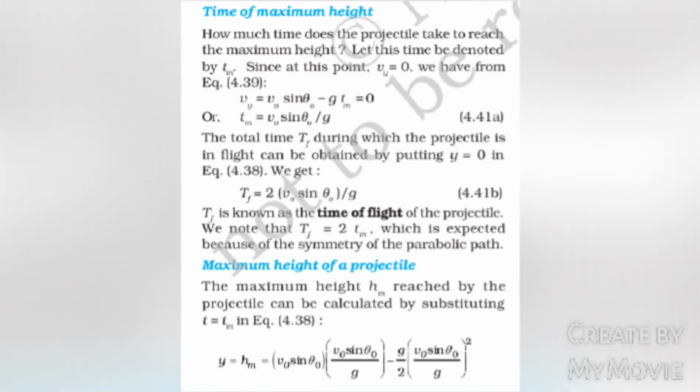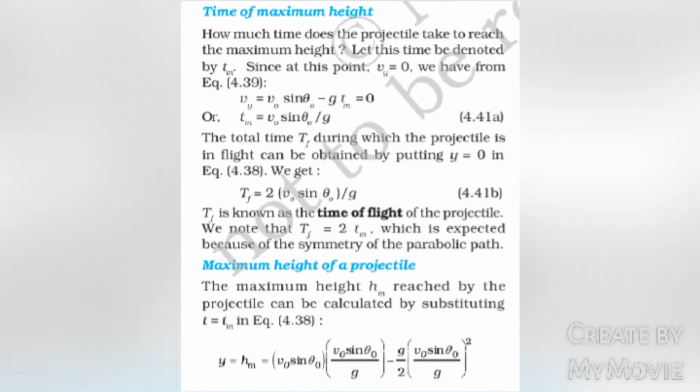Time of maximum height. How much time does a projectile take to reach the maximum height? Let this time be denoted by Tm. Since at this point Vy equals 0, we have from equation 4.39 Vy equals V0 sin theta naught minus g into Tm, which equals 0, or Tm equals V0 sin theta naught by g.